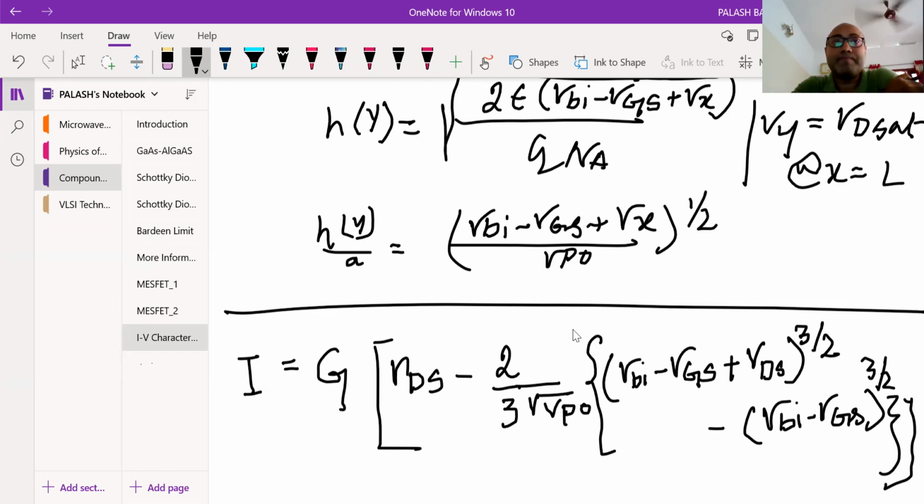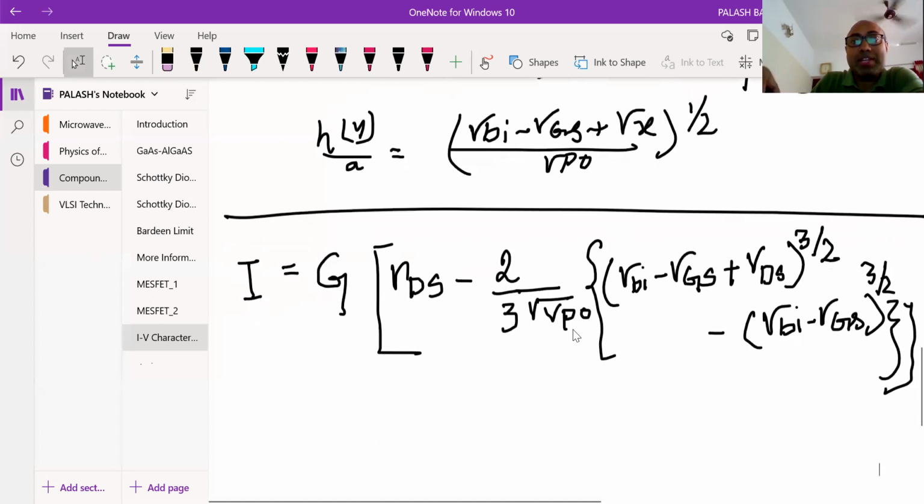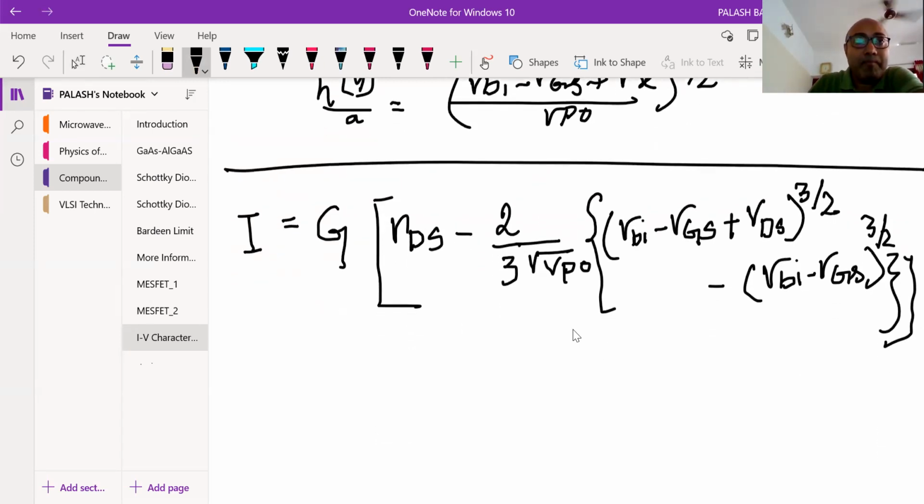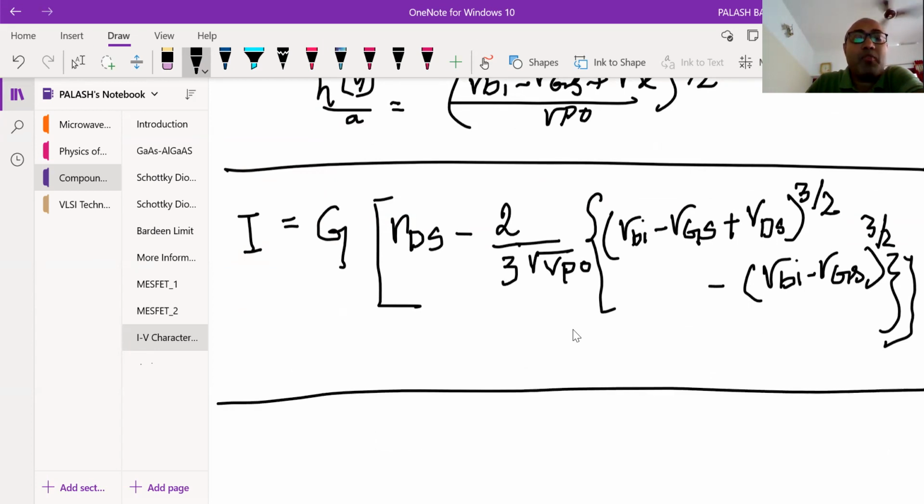Okay. Now, what else? What you have to do here, this is actually general rules for the IV characteristics, and now we have to find out IV characteristics in linear mode, linear zone.